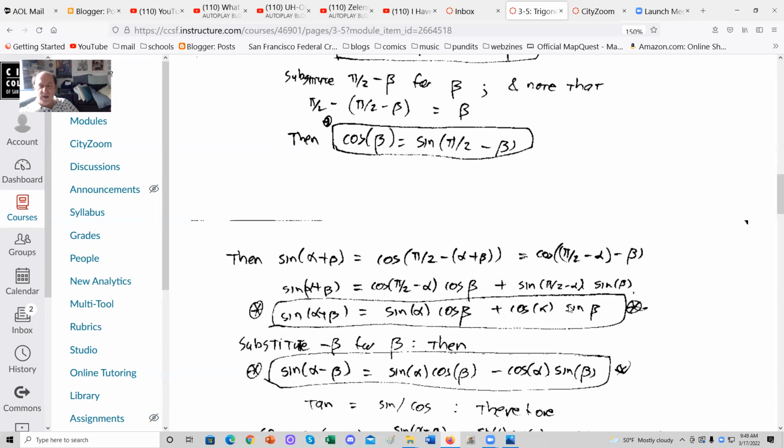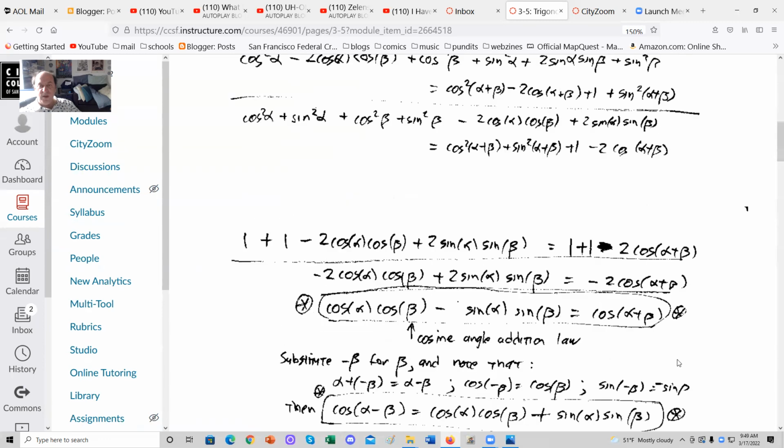Sine, cosine, cosine, sine. Now we can get a sine difference formula by substituting a negative beta in for beta here and here and here. And since cosine of negative beta is cos beta, and sine of negative beta is negative sine beta, therefore sine of alpha minus beta equals sine alpha cos beta minus cos alpha sine beta.